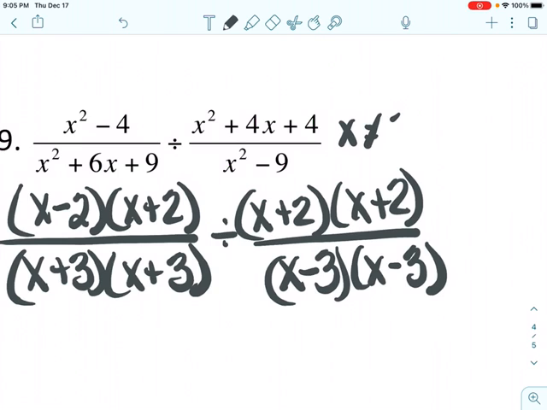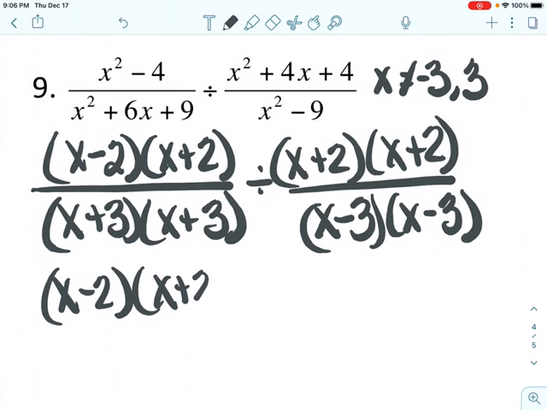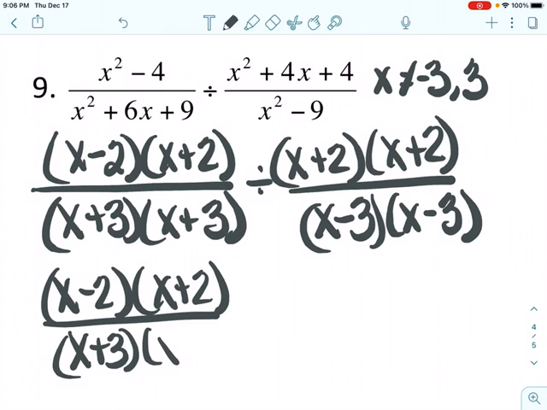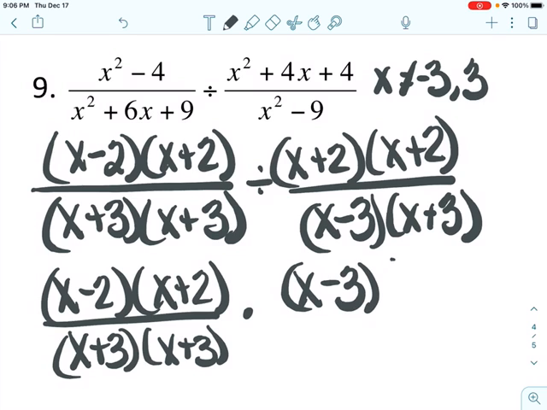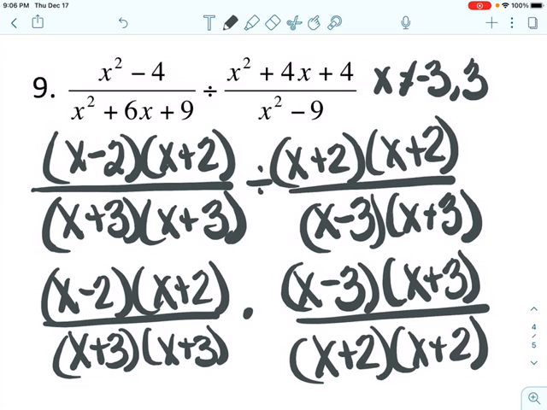So here x cannot equal negative 3 and 3 at this point. So we get x minus 2. X plus 3, x plus 3 times, and then we have minus 3's up top. Oh, wait, one's plus. I missed that. Yep. We're okay. Okay, so now I have to add in the negative 2 here.